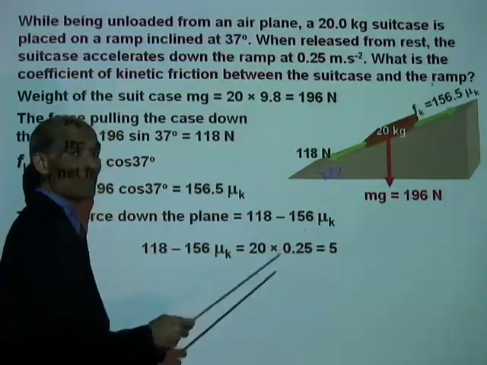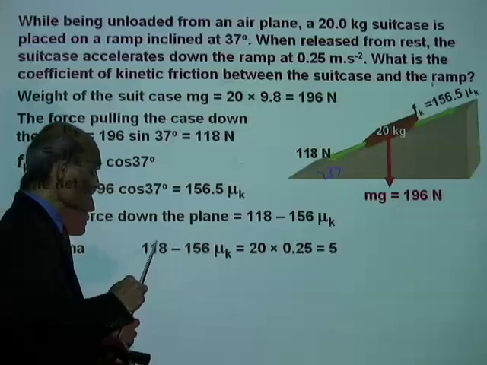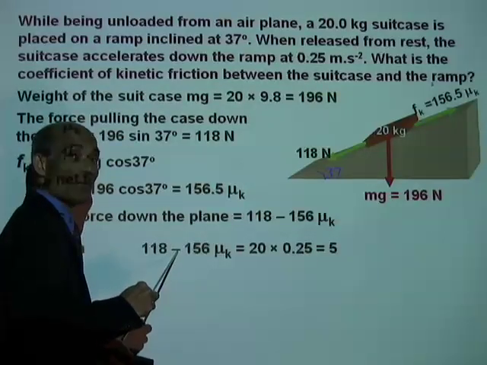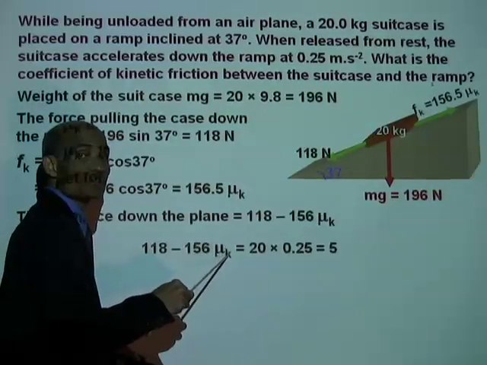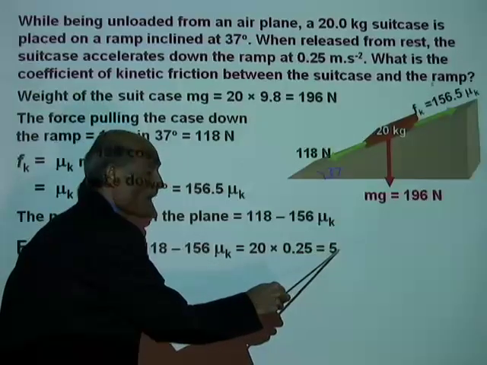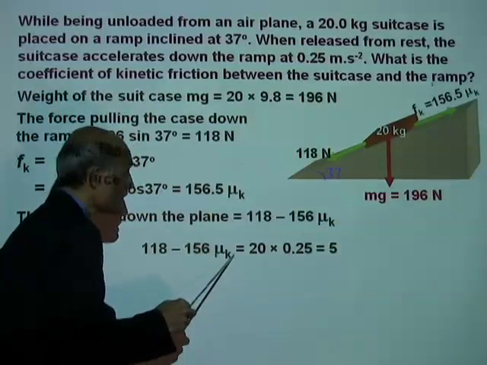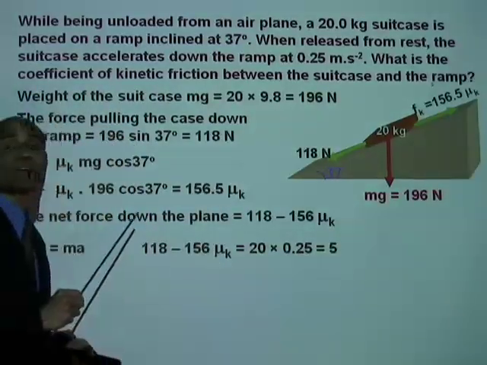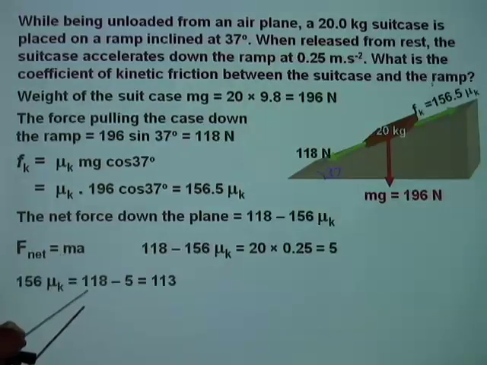is 5. So our equation now is 118 minus 156 mu k equals 5, and the only unknown there is mu k, which you can calculate.